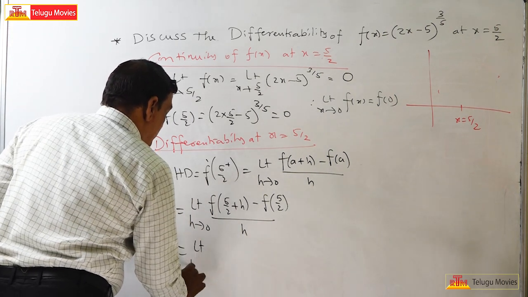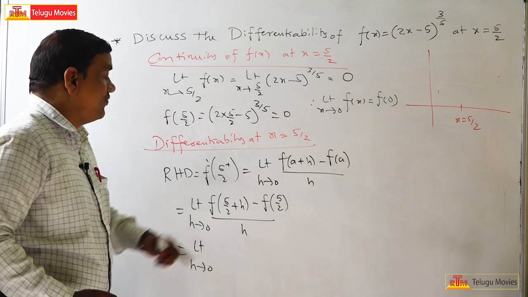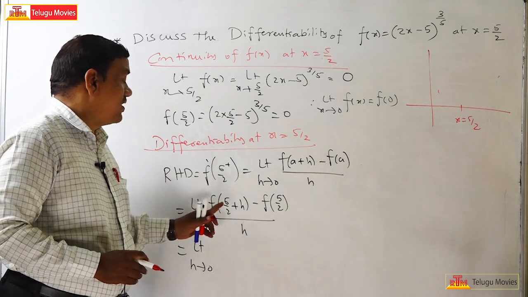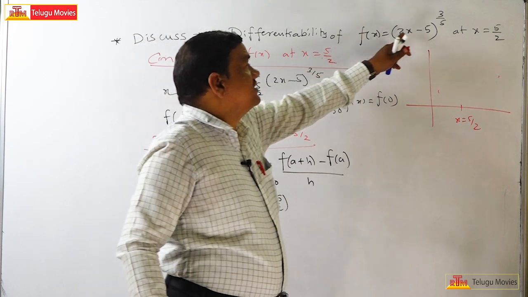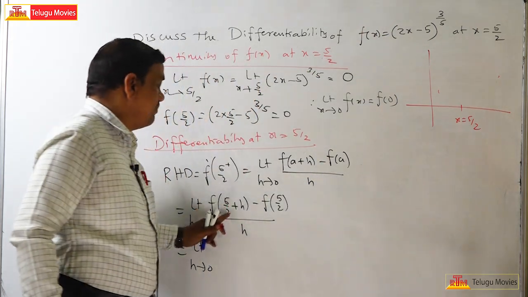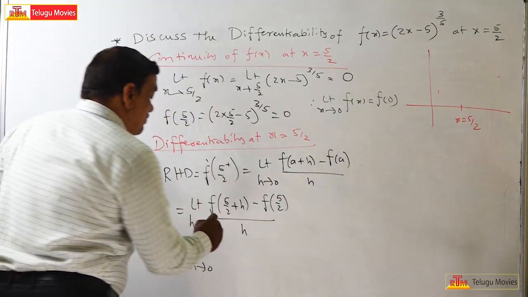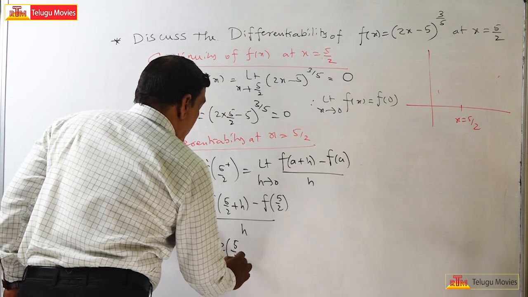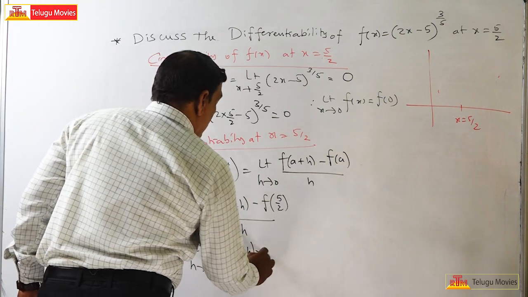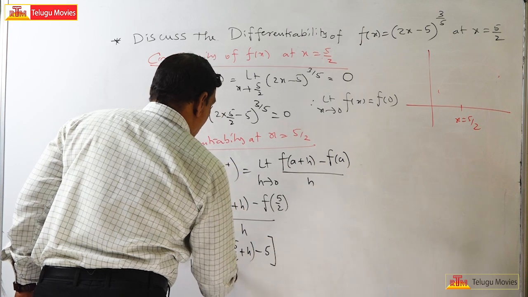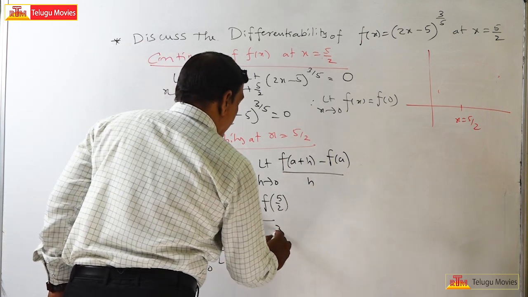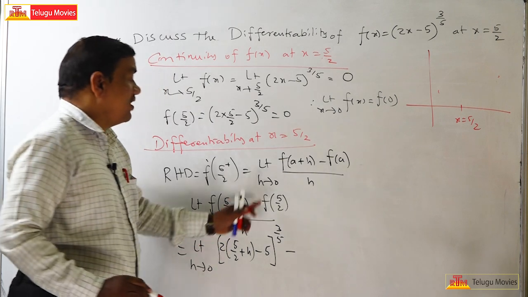Limit h tends to 0, f of 5 by 2 plus h means, wherever x is there, in place of x substitute 5 by 2 plus h. That gives 2 into (5 by 2 plus h) minus 5, whole to the power of 3 by 5, minus f of 5 by 2.